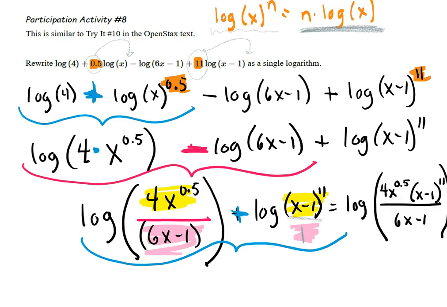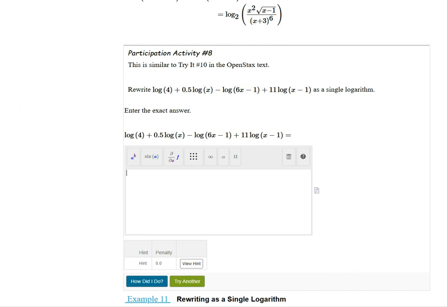Okay, can I remember how to type all this in? I'm probably going to have to go back and forth, so hang tight with me. Type in log and a parenthesis, and then I'm going to hit my fraction button, and then it's 4.